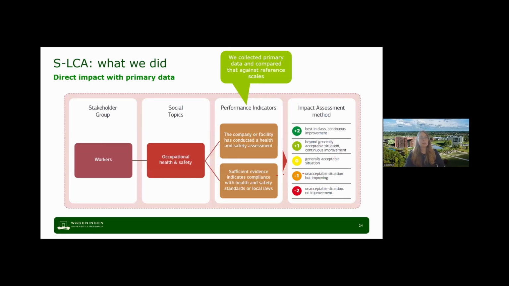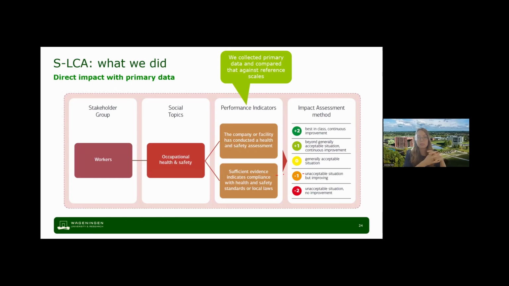So what we did with the primary data, for this selection of topics, we identified certain performance indicators, and based on these, we collected data. And these indicators were then put on a reference scale. So usually in social LCA, one works with reference scales to identify certain levels of this indicator where it's above a threshold or below a threshold.